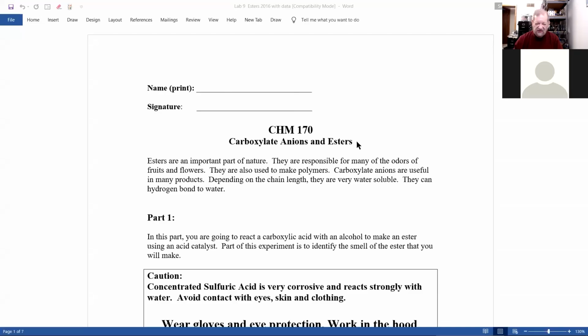It's lab time. Now, unfortunately, today's lab, I wish we were face-to-face at ECC because it's a fun lab, but we're not. The joys of a pandemic, but at least you'll get a feel for what would be very fun face-to-face. Today's lab deals with carboxylate anions and esters.